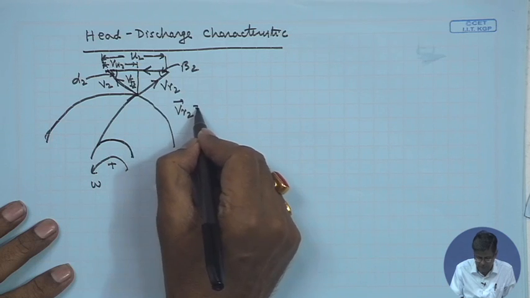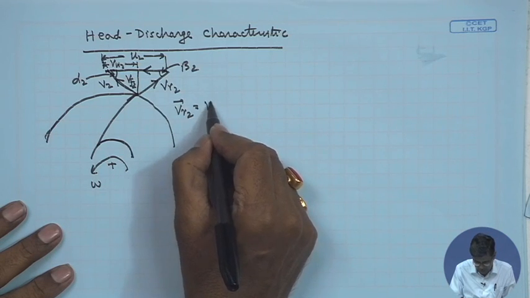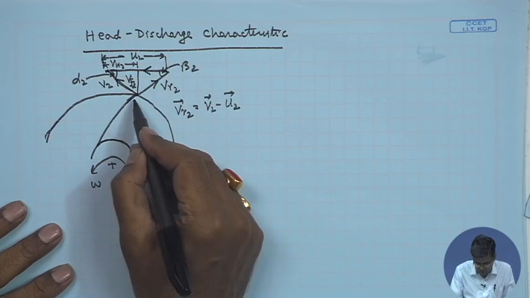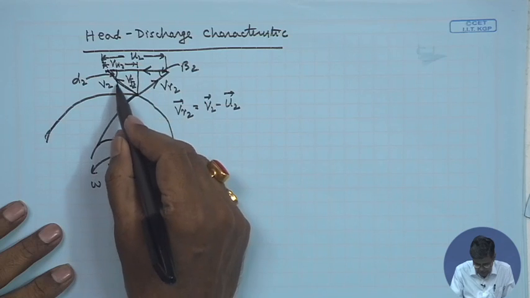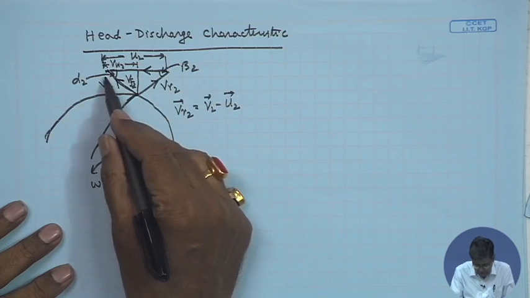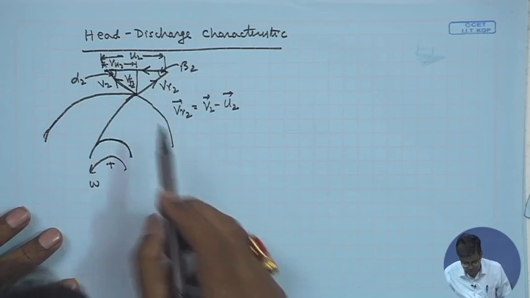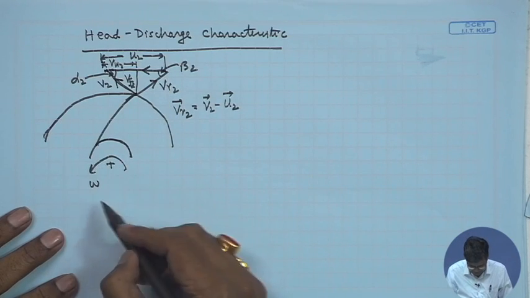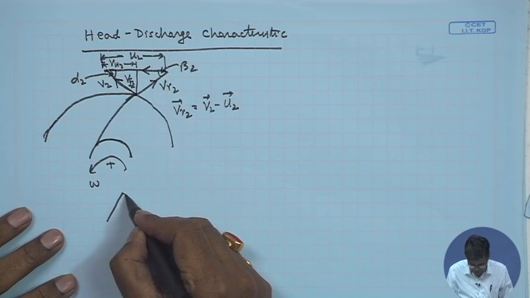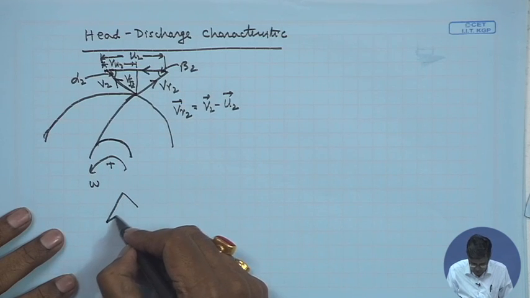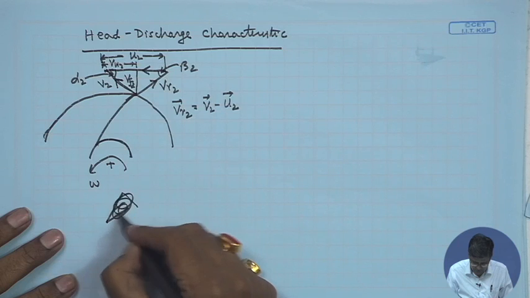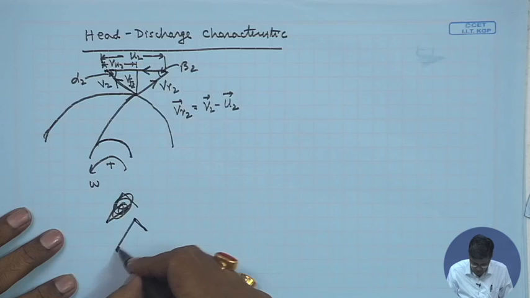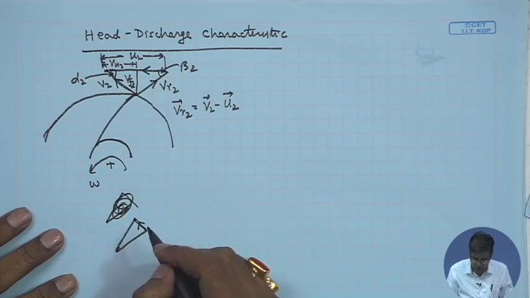How to draw this triangle? Vr2 is, as I have told, V2 minus U2. That means Vr2 plus U2 is V2. You see, the Vr2 and U2 are in the same direction, and V2 represents the other side of the triangle, but in the opposite direction. This way you have to draw the velocity triangle. That inlet velocity triangle, I draw it here, is like this, where we do not want any swirling component of velocity.